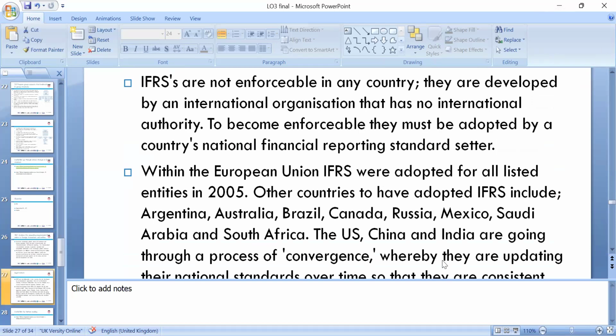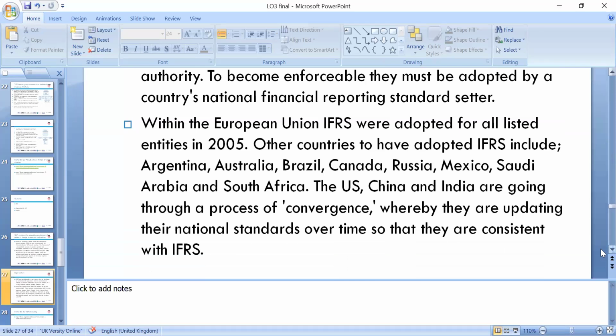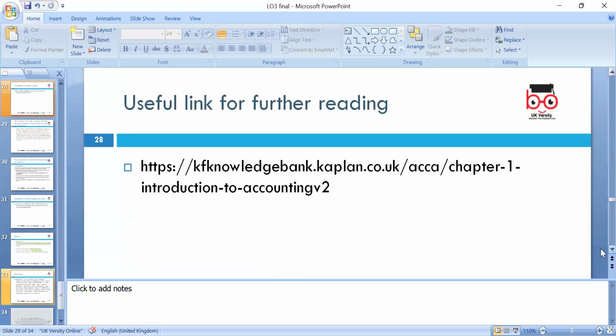Within the European Union, they were adopted for all listed entities after 2005, and the EU has since extended this, and we move more towards international accounting standards. International and local standards are quite similar now, because the international standard is being embedded into the local standard for more consistency, so people can understand.